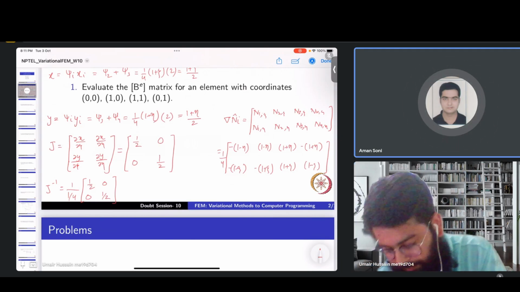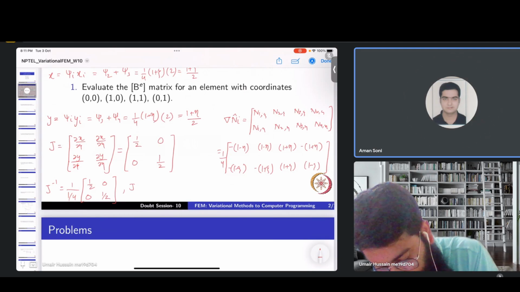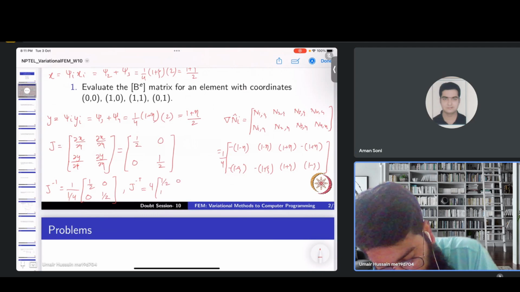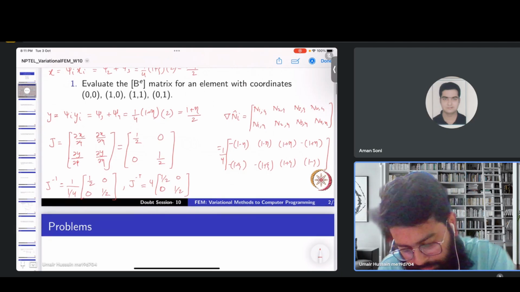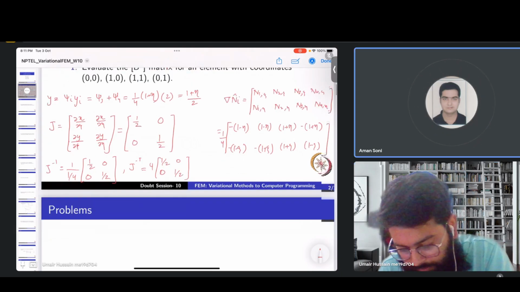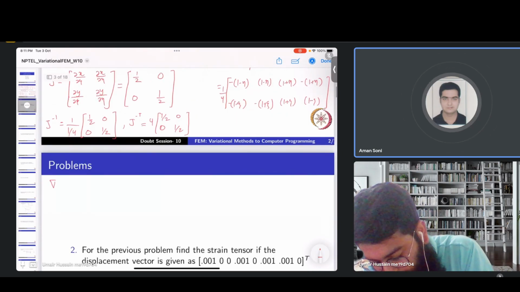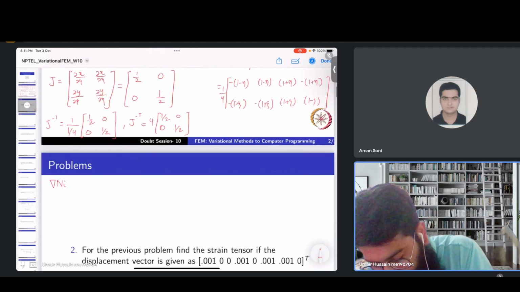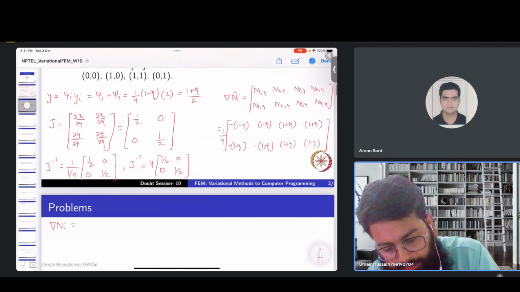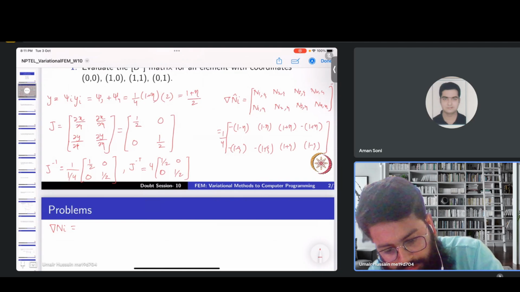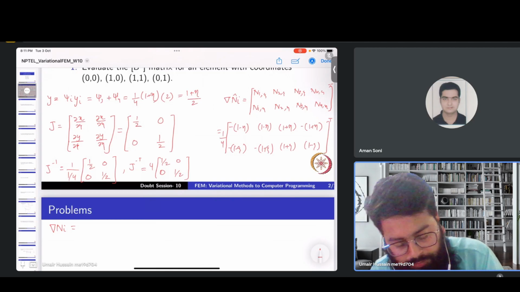That is also the same. Times this. So at the end, the gradient Ni would be, I think this should be the transpose of this, right?